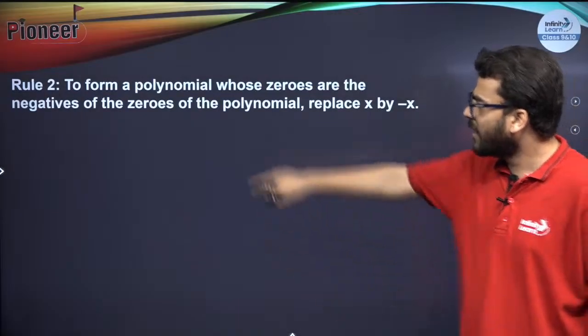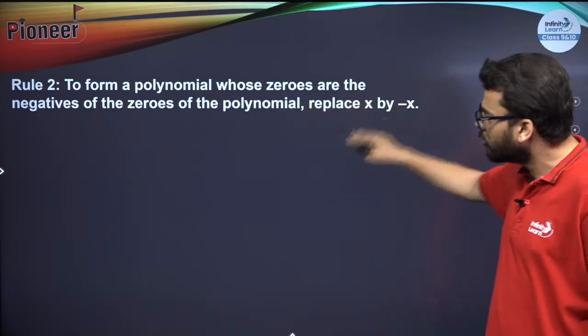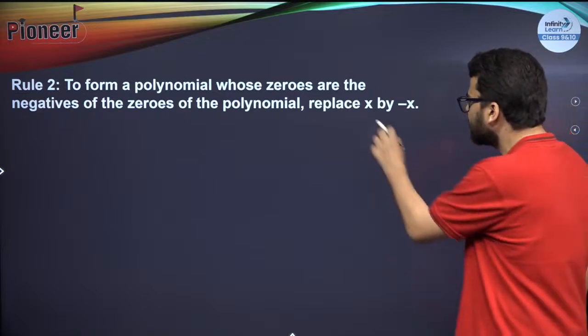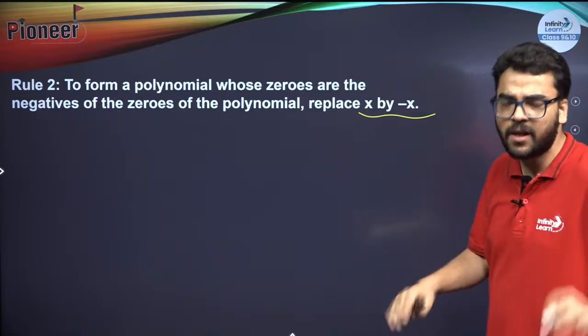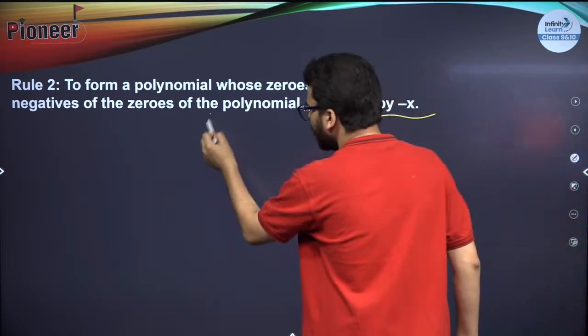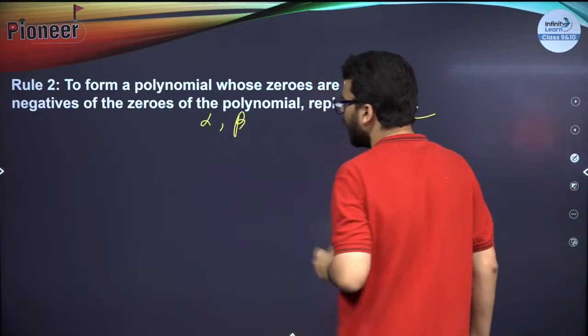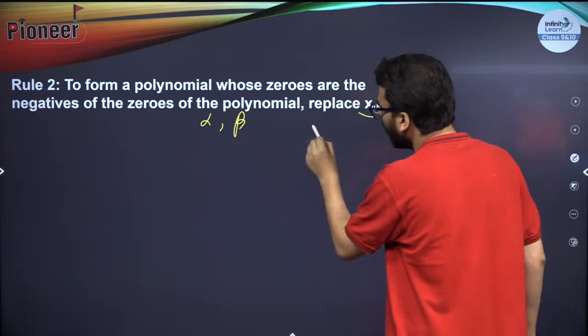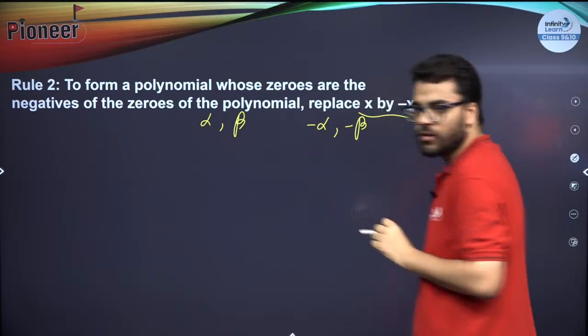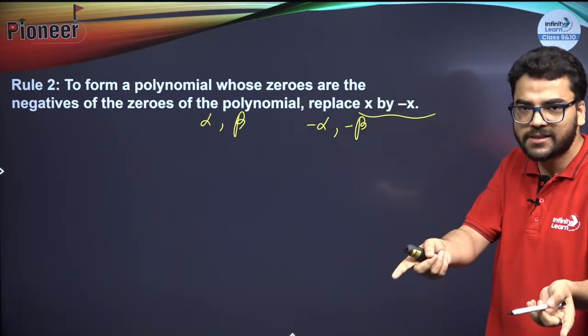So in the same manner, to form a polynomial whose zeros are negatives of the zeros of the polynomial, replace x by minus x. That's it. It's very simple. Now see, suppose the zeros of a polynomial are alpha and beta. You want a polynomial whose zeros are minus alpha and minus beta. So it is the same thing which we did in the previous session, right?